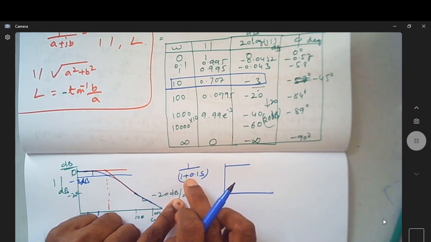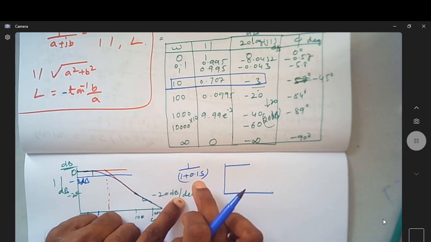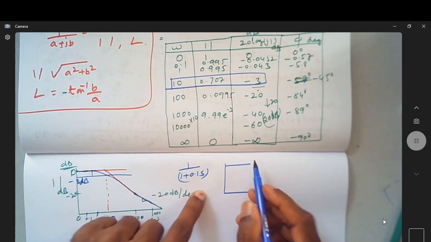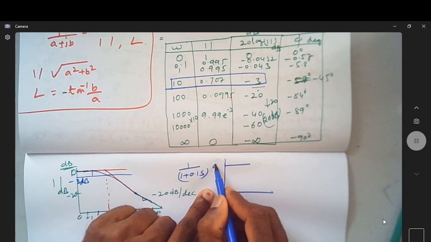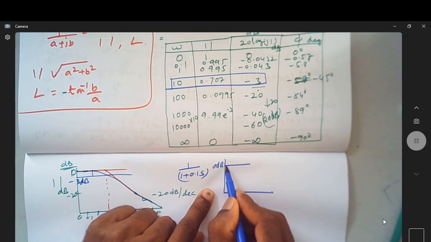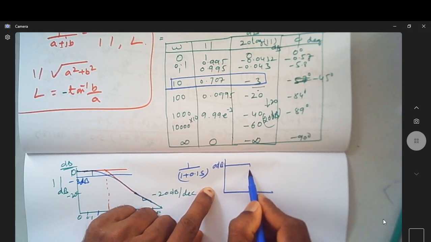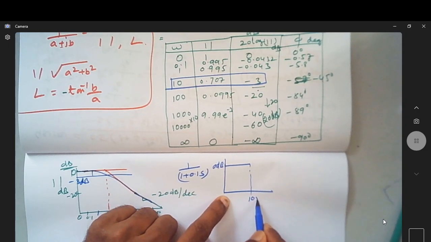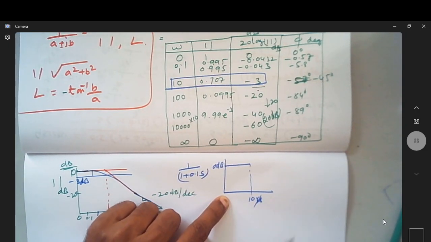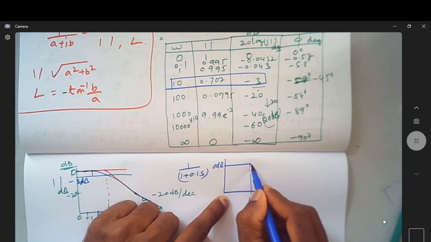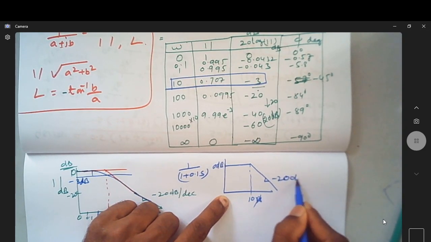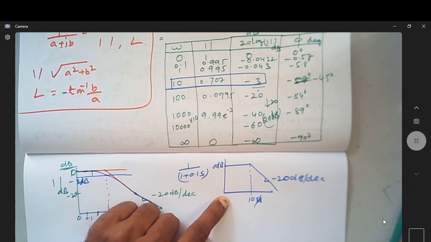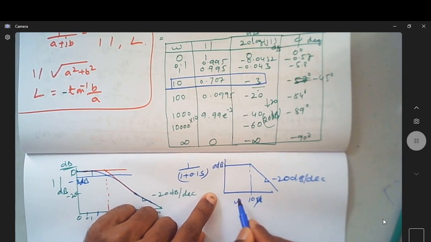Such a pole which is at minus 10 will be represented in the frequency response as a line with 0 dB magnitude with no slope. It will be there like this till 10 radian per second. Afterwards it goes down with a slope of minus 20 dB per decade. So this is omega, this is magnitude.